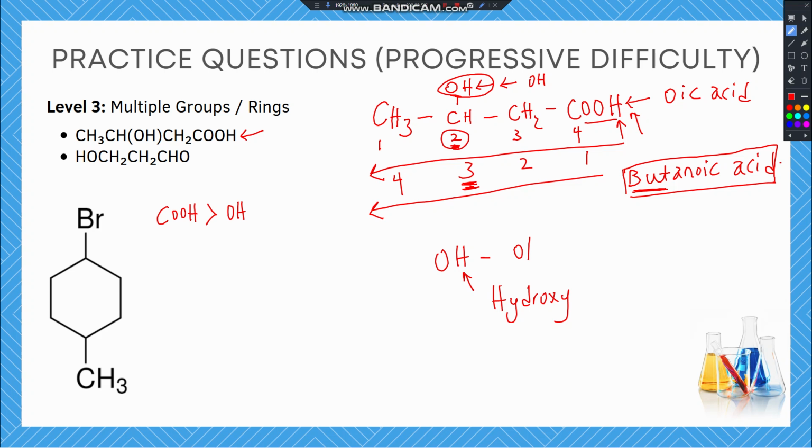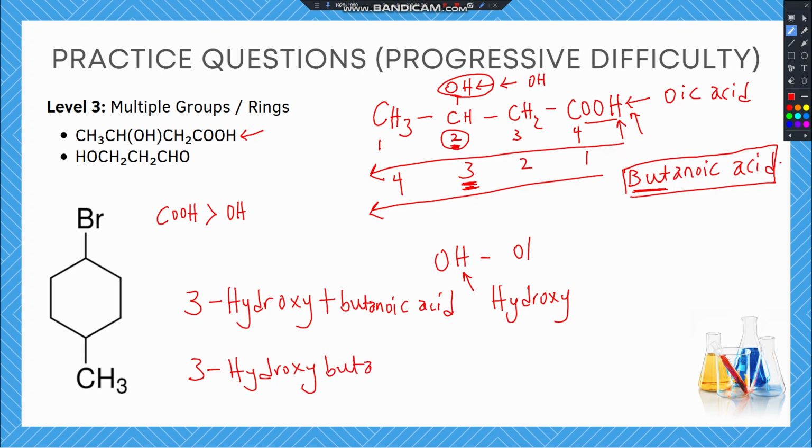So to identify the position of the alcohol functional group, it becomes 3-hydroxy plus the other name, butanoic acid. So altogether we have 3-hydroxybutanoic acid as the name of the first compound.